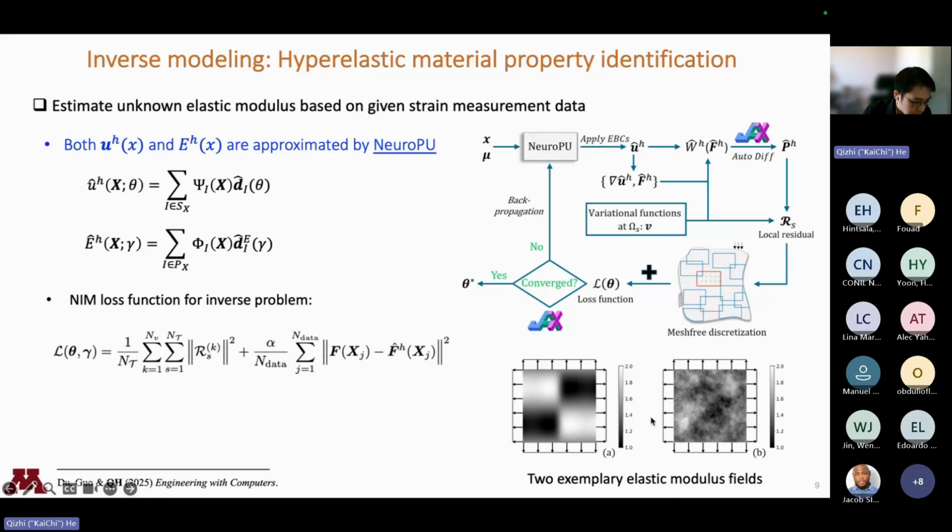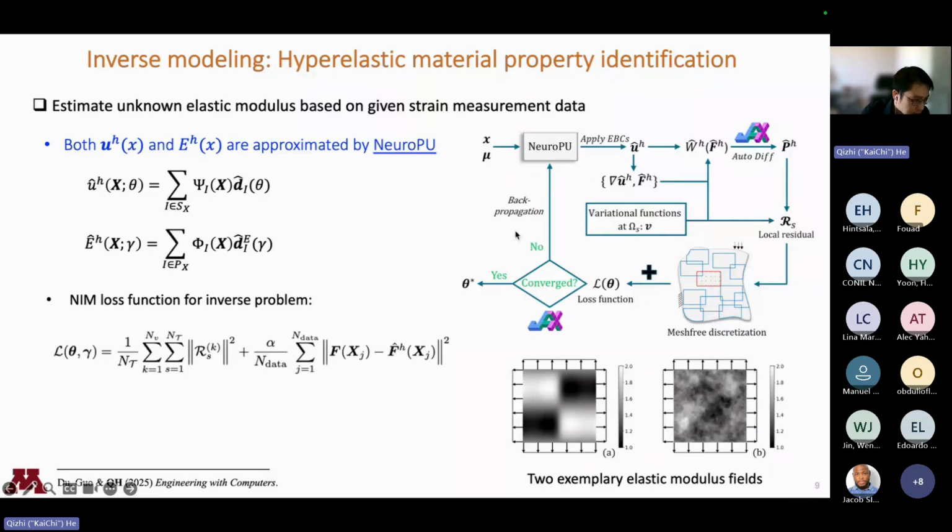So let's look at this. This is a hyperelastic material. You can make a synthetic material parameter distribution. This is Young's modulus, which is heterogeneous and highly random, right? This one is relatively simpler, a Gaussian distribution.